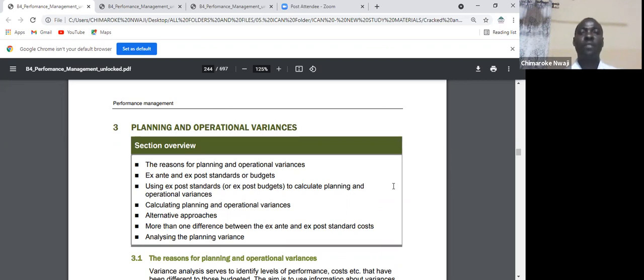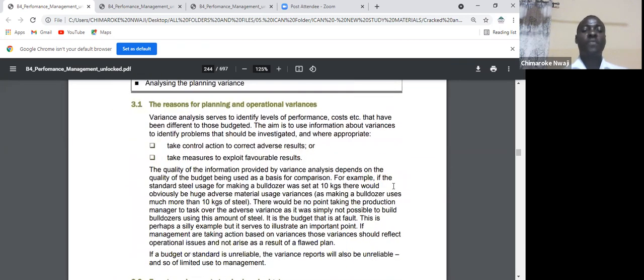And so you now have original standard, revised standard, and actual. The original standard, having been outdated, when compared with the revised standard, will give you something called a planning variance. And when you use your revised standard to compare with your actual quantity, you have the operational variances. And we'll be telling you the reasons for all those variances.